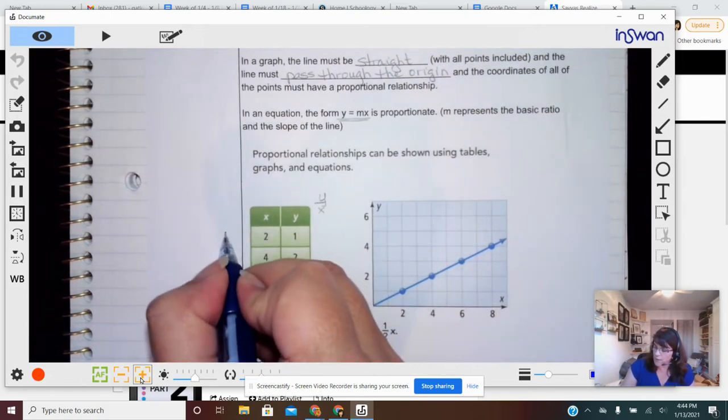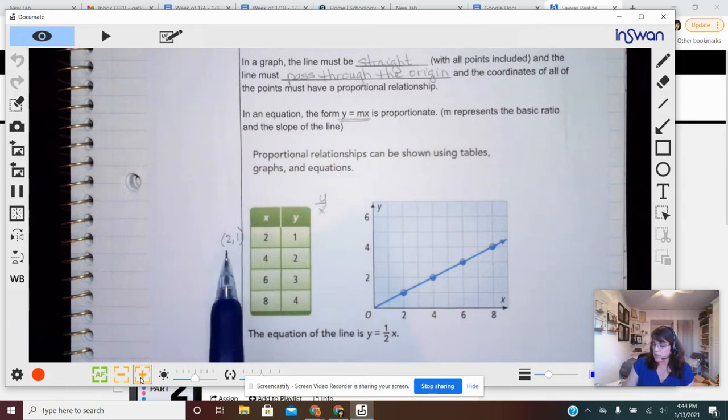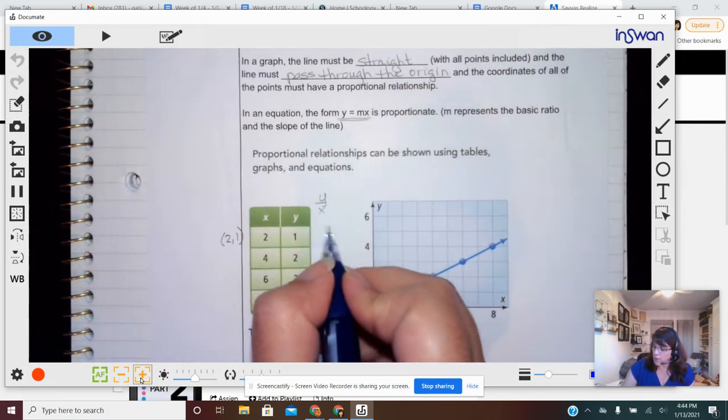Now, the coordinate pair here would be 2, 1. That's its location on the graph. That's its address. Remember from lesson 12-1. But the proportion is y over x.